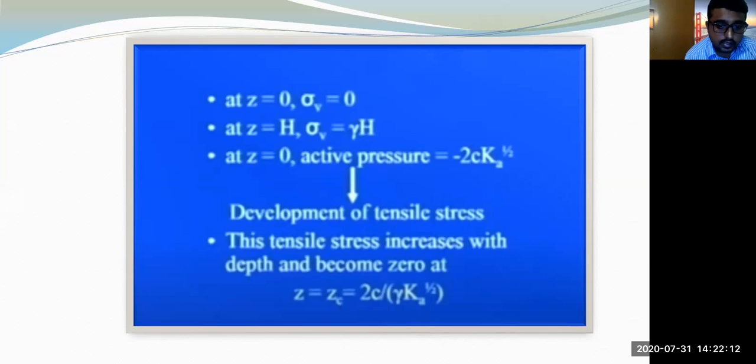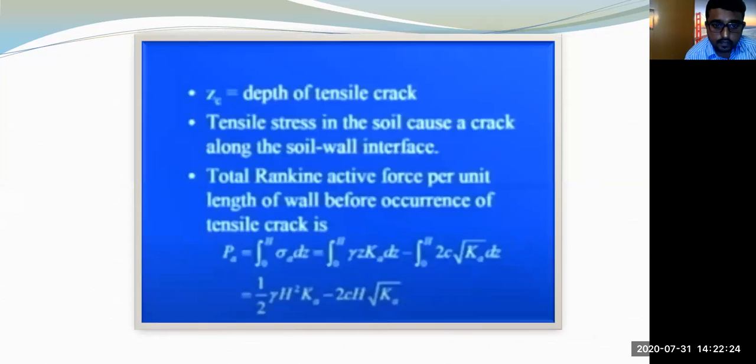This tensile stress increases with depth and becomes 0 at z equal to zc. That is, zc is equal to 2c by gamma root Ka. That is, zc is called the depth of tensile crack. Tensile stress in the soil causes a crack along the soil wall interface.